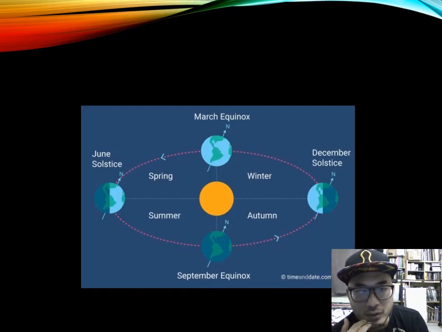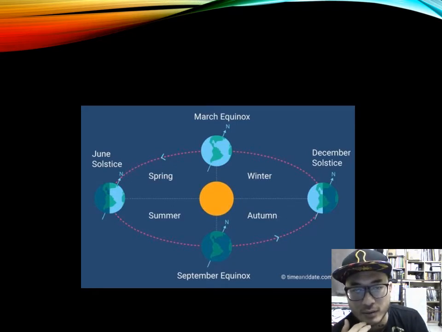And between the June solstice to the September equinox, the weather would be summer. What I'm talking about here is that these seasons apply to the northern hemisphere.